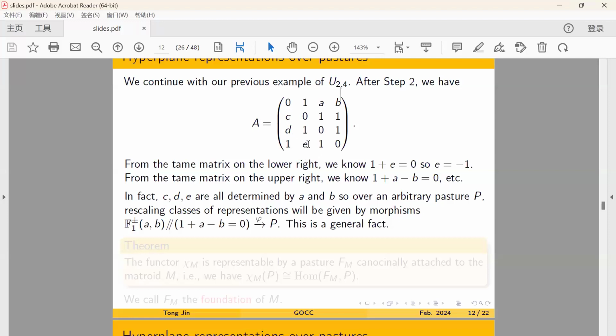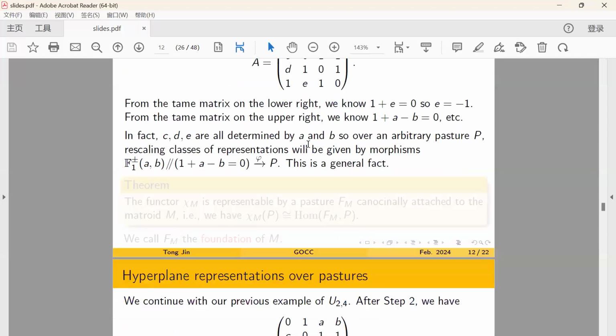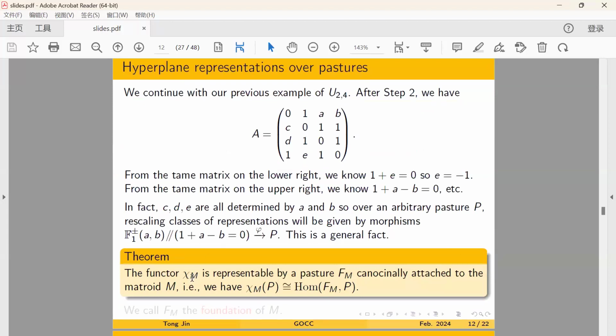So this is a general fact that the functor chi-m that takes a pasture to the set of all rescaling classes of representations is representable by a pasture Fm attached to the matroid M. And in this case, for U24, the Fm for U24 is this pasture.